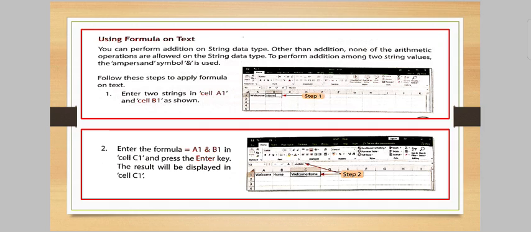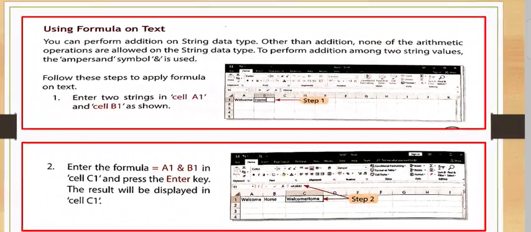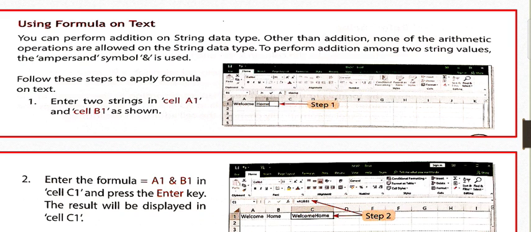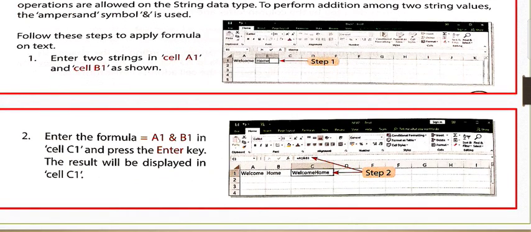Here you can see, enter two strings in cells A1 and B1. A1 is Welcome, B1 is Home. Now enter the formula equal to A1 & B1 in the cell C1 and press the Enter key.